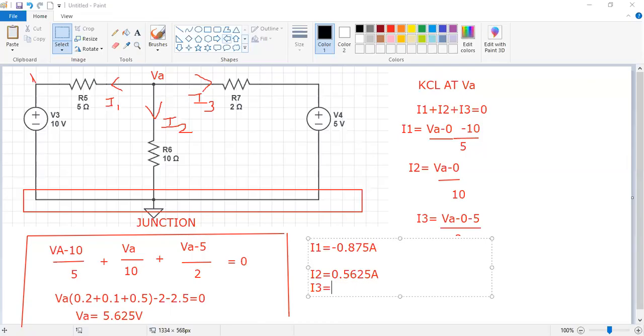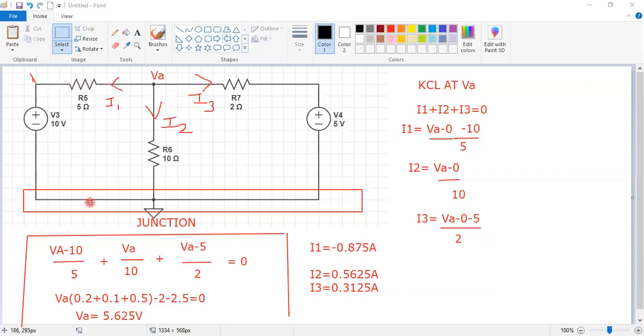Then coming to I3. I3 will be (VA minus 5) by 2. VA means 5.625, minus 5, divided by 2. So the answer will be 0.3125 ampere. And here the negative sign implies that I1 is minus 0.875, meaning the branch current direction which I took here is wrong.